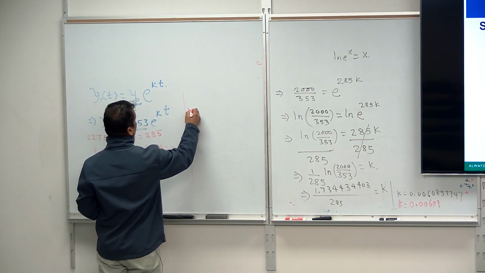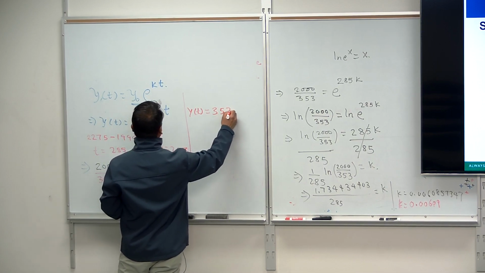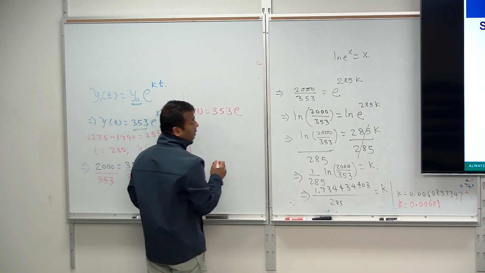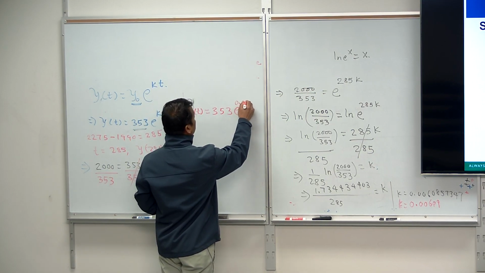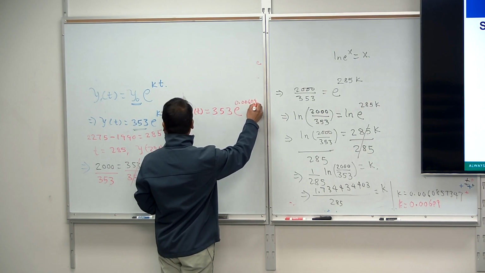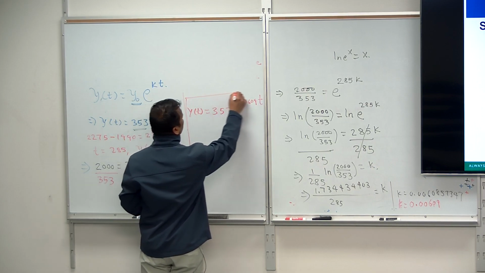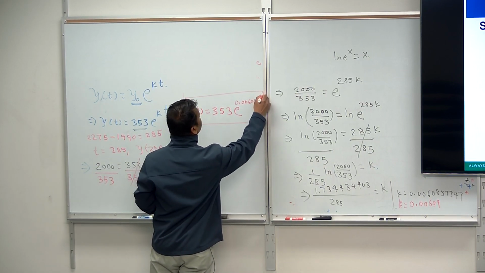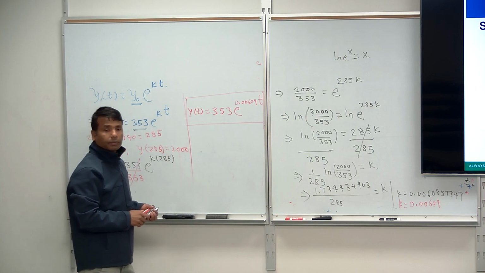So you'll have y(t) equals 353 times e to the power 0.00609t. So this is the model we have. Did you get it?